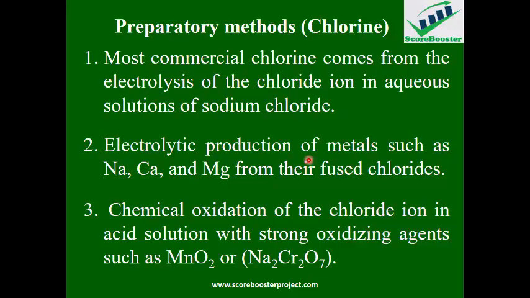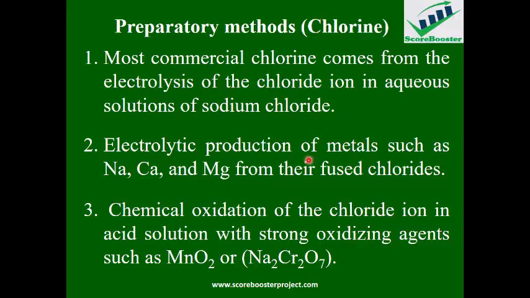So almost, if you think about what we're trying to say here, reactive halogens are mostly prepared by electrolysis. Another method is chemical oxidation, and again it is due to their reactive nature. If they are not reactive, then we're not going to use all these methods to prepare them.